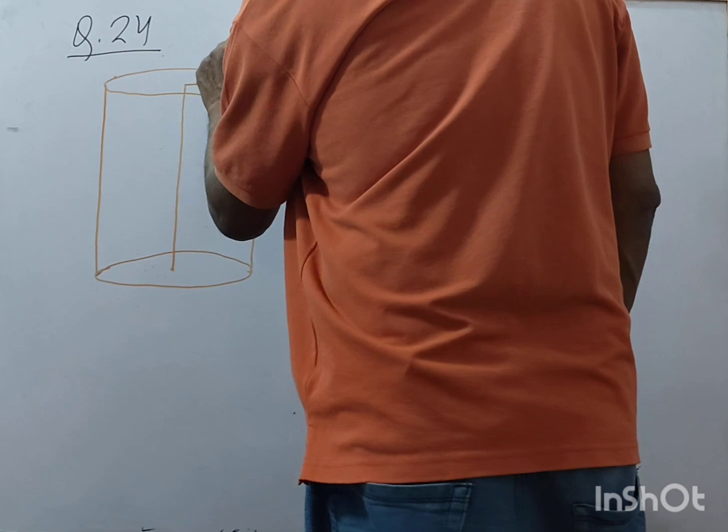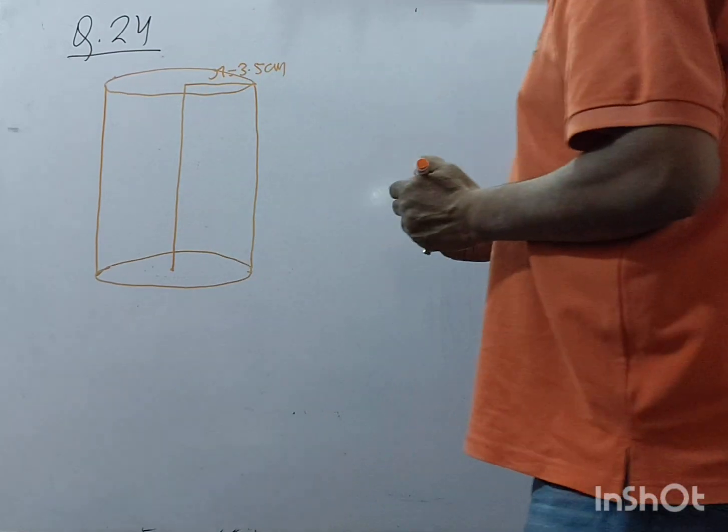The radius is 3.5 centimeter. Right. What is the height?